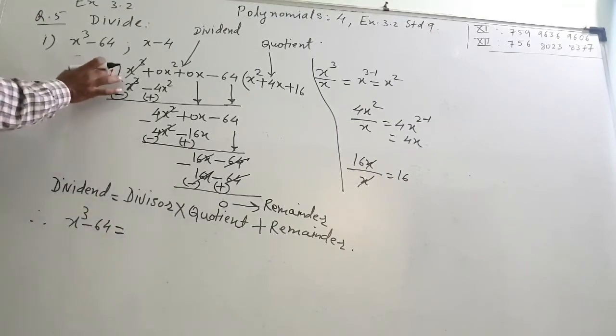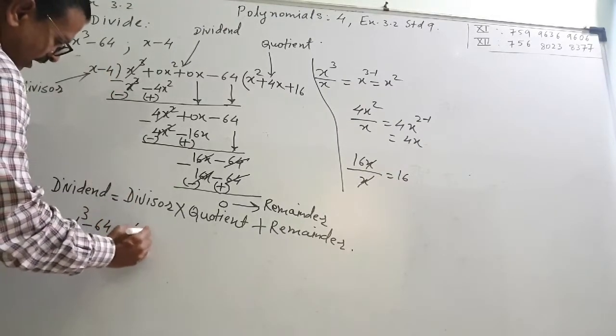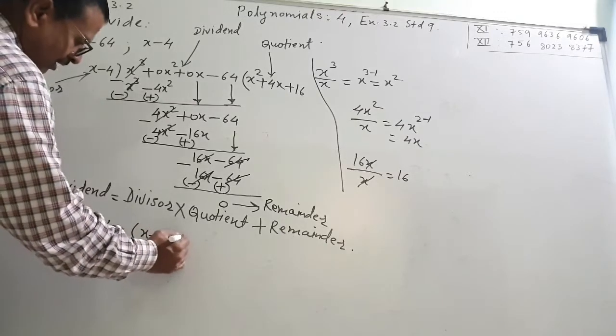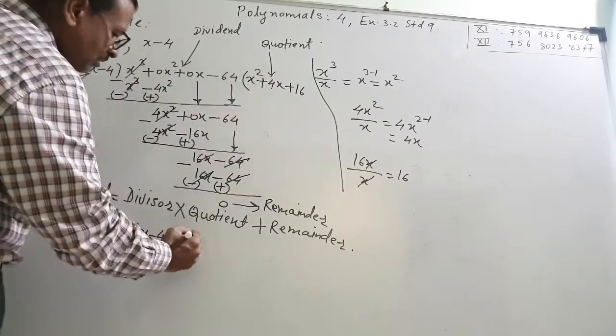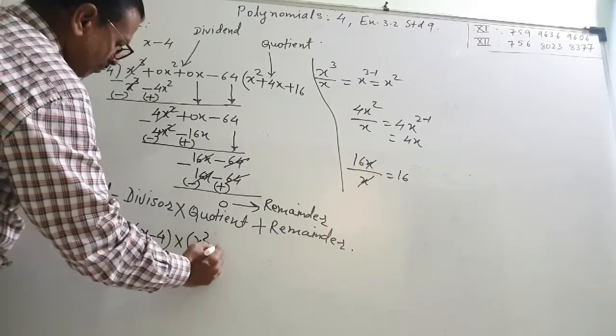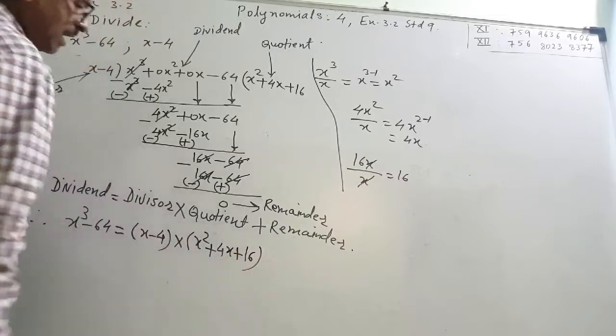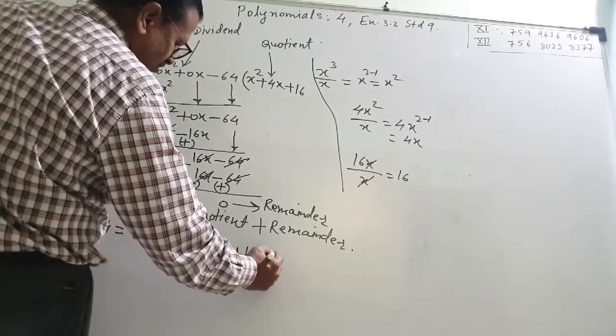By what have I divided? x minus 4. There are two terms, so I will put the bracket into quotient. Quotient is x square plus 4x plus 16, and plus remainder plus 0.